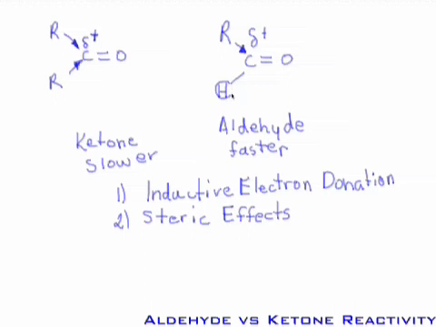Hydrogen is very small. The larger R groups, if they're methyl, ethyl, tert-butyl, much larger than hydrogen, will obscure the attack on the carbon. This steric hindrance around the carbon will slow down the attack. Slowdown of attack will lead to, of course, slower reaction rates. So these two factors combine to make aldehydes typically react faster than ketones.